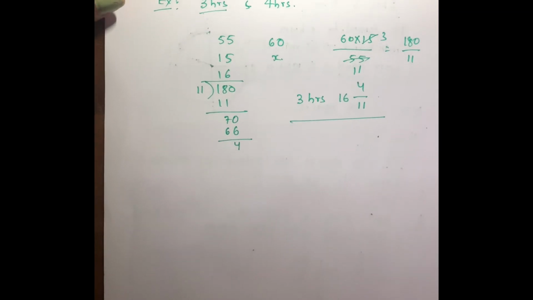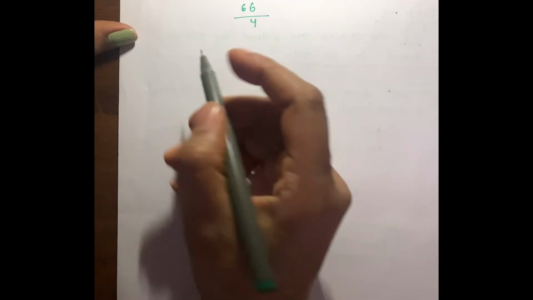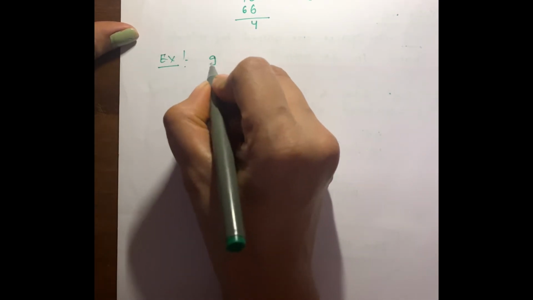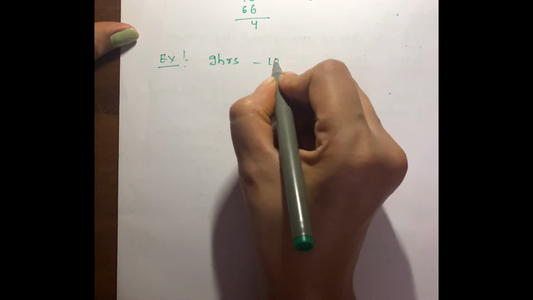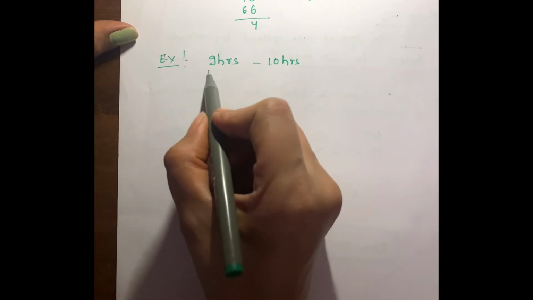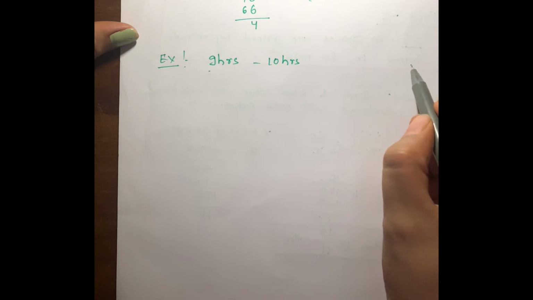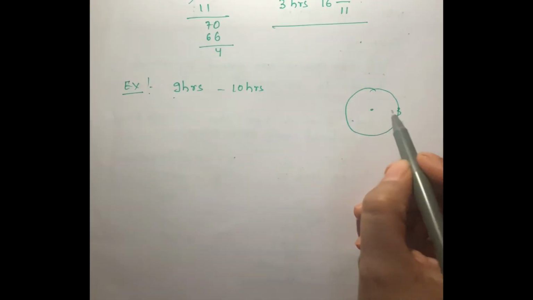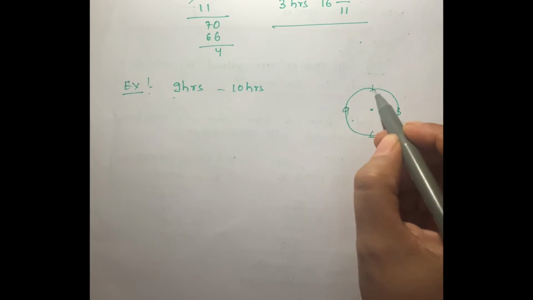Okay, one more example we'll solve again. Here the example is between 9 hours and 10 hours. See, 9 hours means directly when it comes to 9 hours, you should get this in your mind: 3, 9, 6, 12.